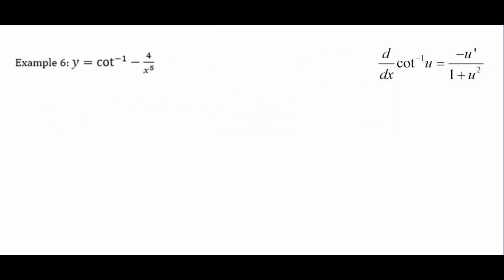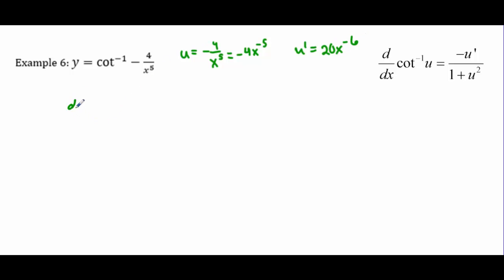Finally, cotangent of negative 4 over x to the 5th. We would start by saying that u is negative 4 over x to the 5th, which is really negative 4x to the negative 5th. U prime is the derivative of that, which is 20x to the negative 6th.